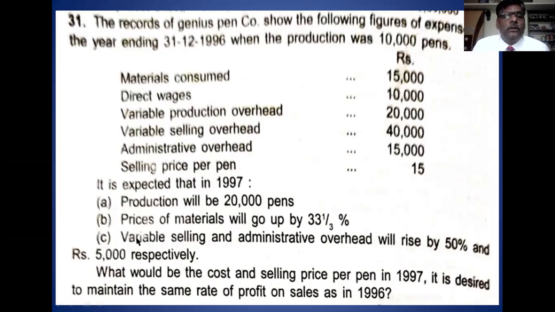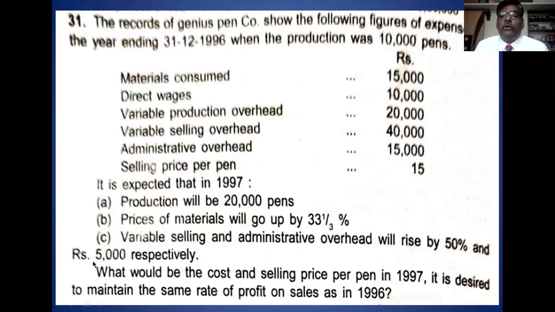Next, variable selling and administrative overhead will rise by 50% and rupees 5,000 respectively. Variable selling overhead will rise by 50%, meaning the existing selling expenses will increase by 50%. This is variable, therefore you have to calculate on a per unit basis.